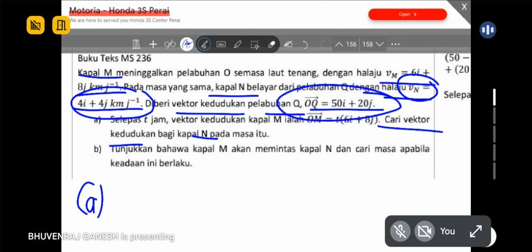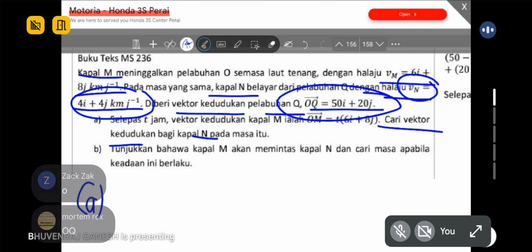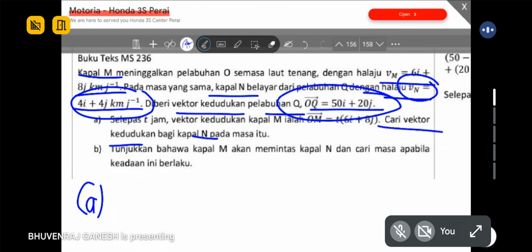Where is the ship leaving from? It is leaving from what point? Yes, it's from O, right? It's always leaving from the port, pelabuhan. So it's actually the position of the port plus how much it travels. Am I right? That is going to be the position vector of N.